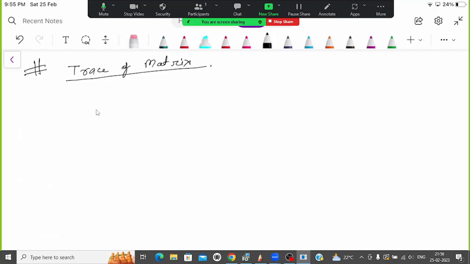So suppose there is matrix A which is n cross n matrix, means matrix A which is having n row and n column. Let A matrix be n cross n matrix, means n number of row and n number of column.